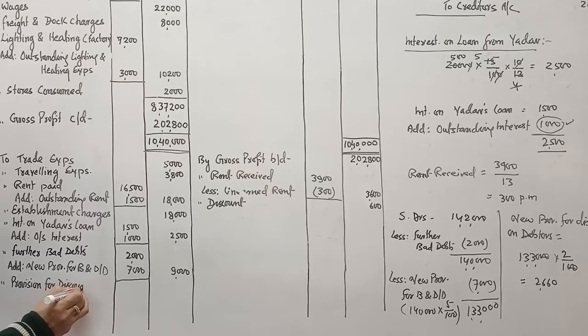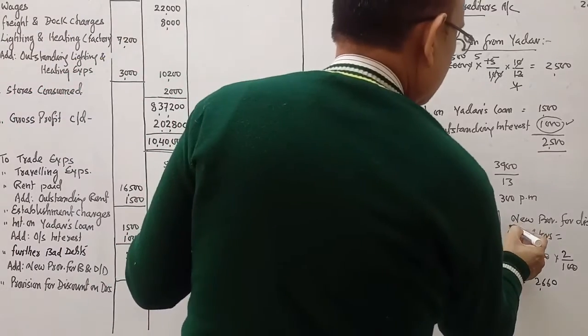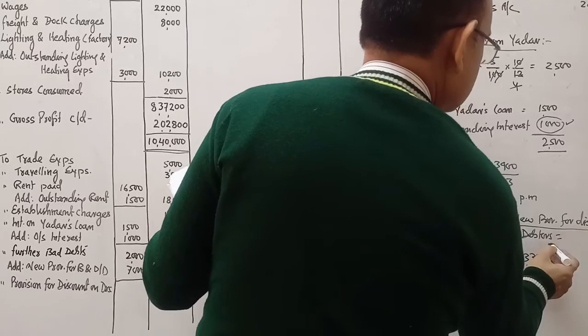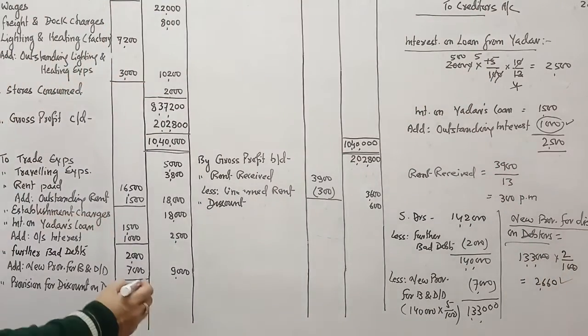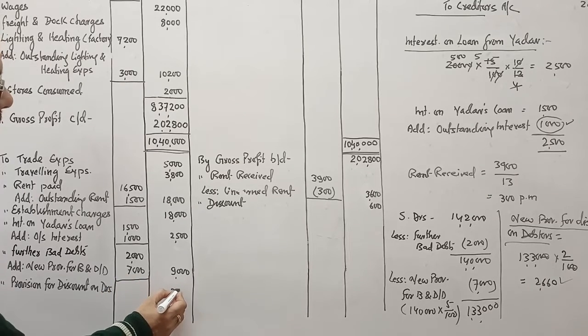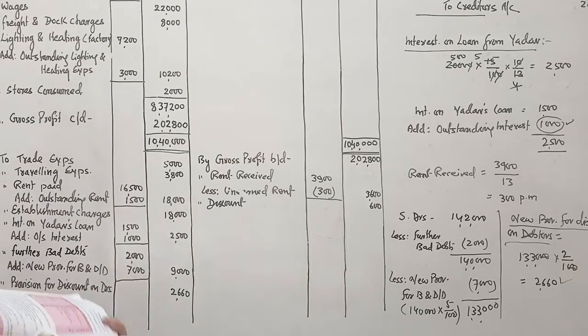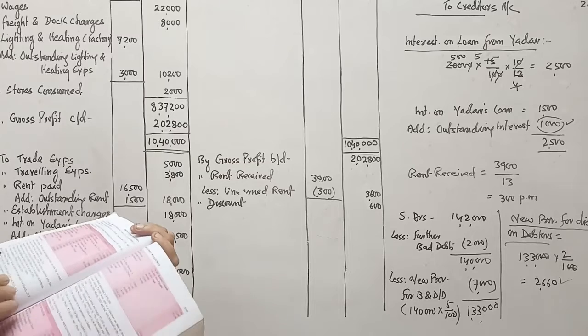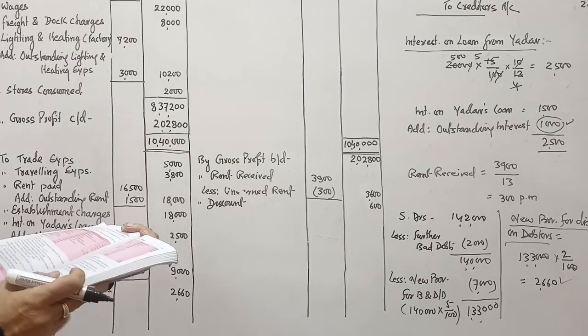The new provision for discount on debtors we have calculated is 2,660 rupees. All other adjustments we have done.